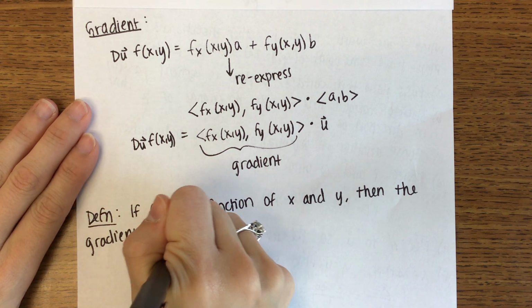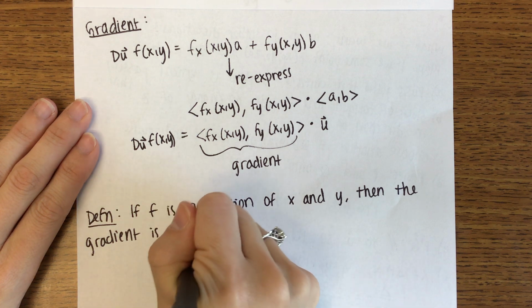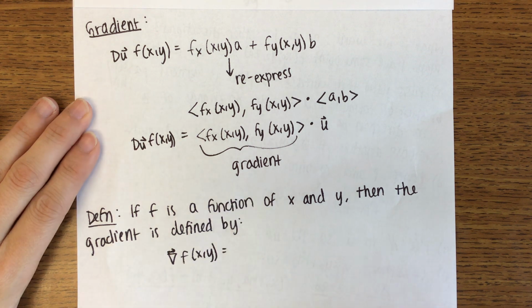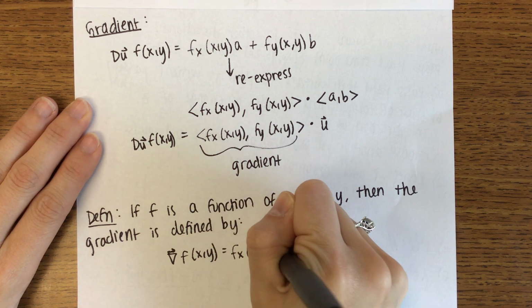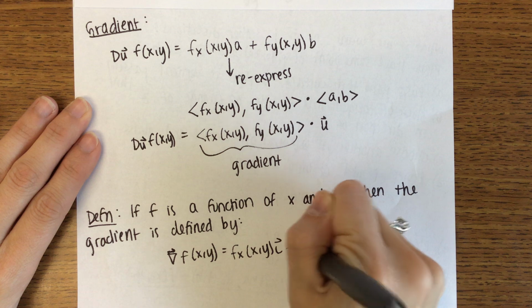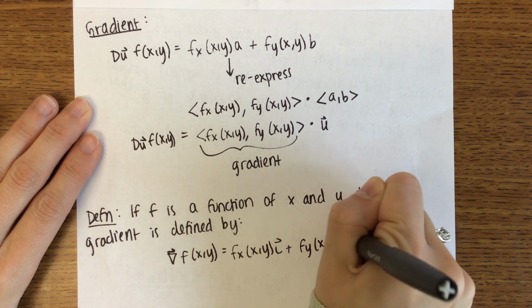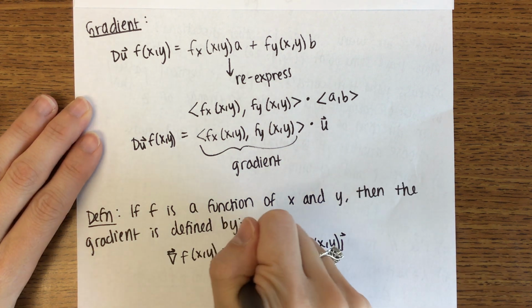So we take the gradient of f, and that's the partial with respect to x times i, and then the partial with respect to y times j, or written in bracket notation.